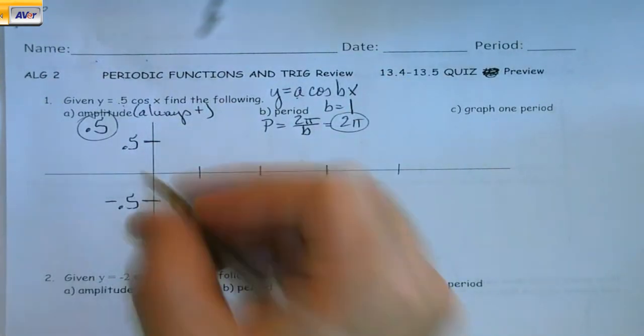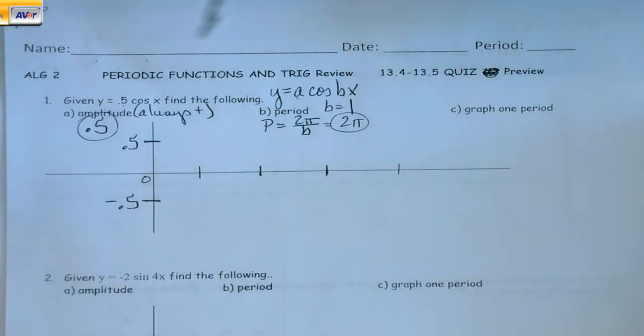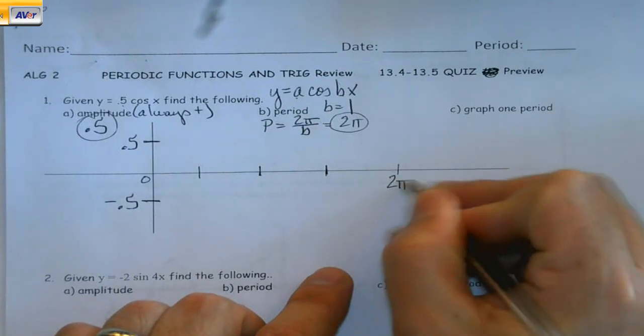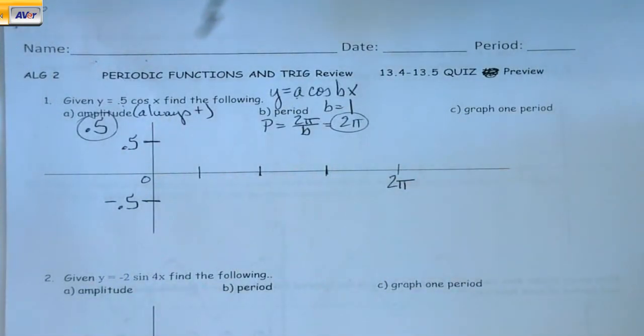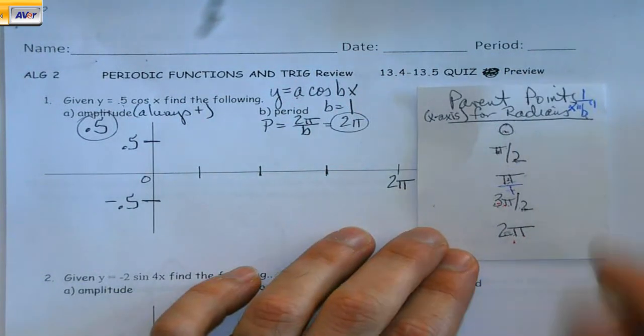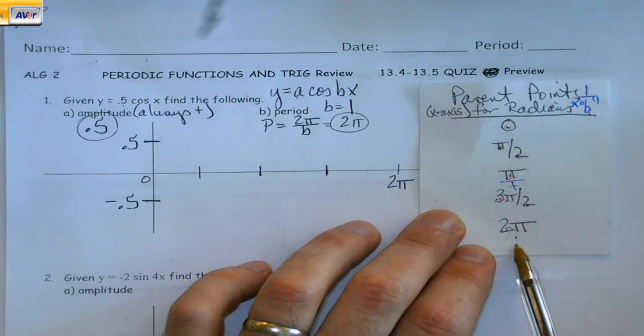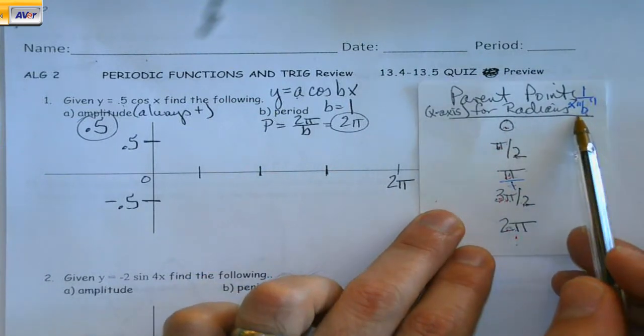So what that 2 pi tells me is we're always going to graph 5 points. 0 is where I'm going to start. Whatever my period is where I'm going to end. Now, normally, when we've been doing these, we've talked about how we're going to multiply each of my angle measures by 1 over b.